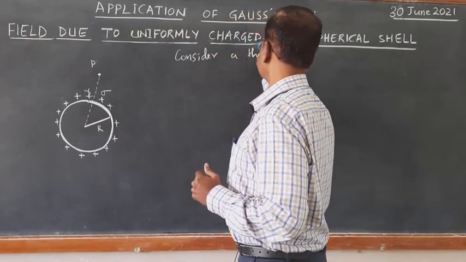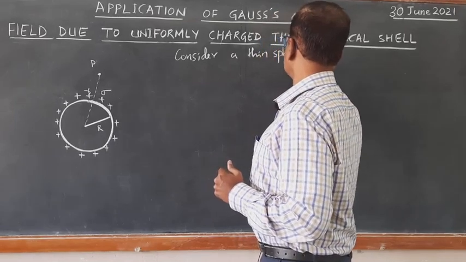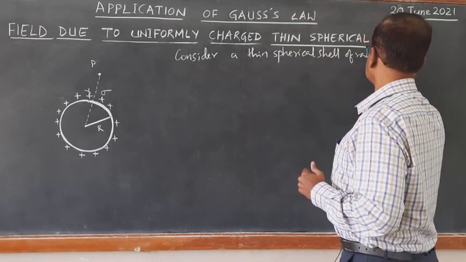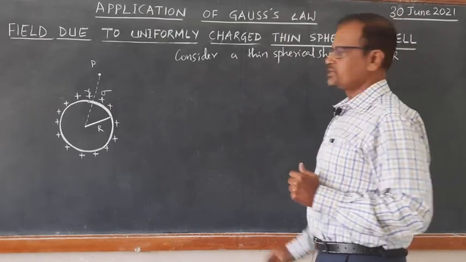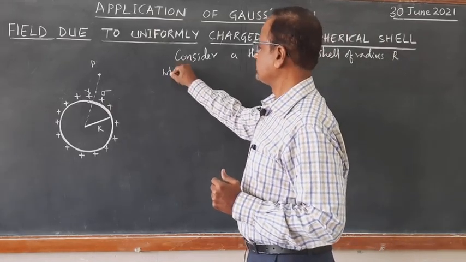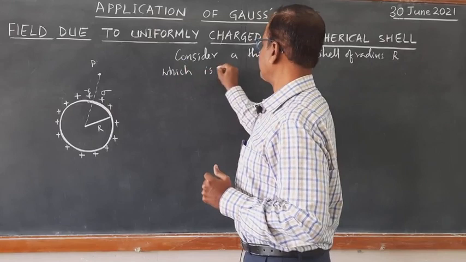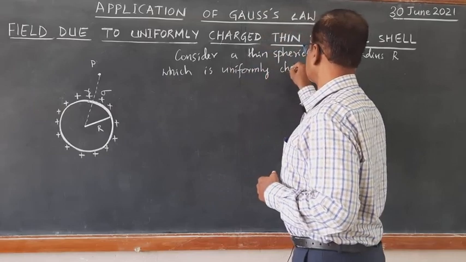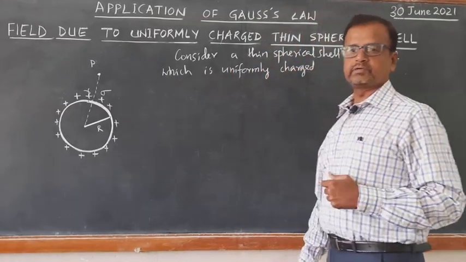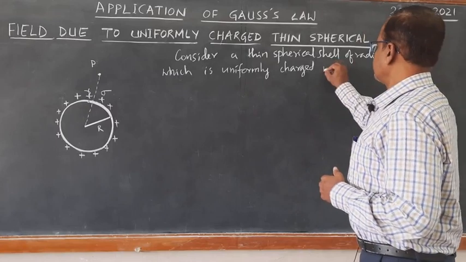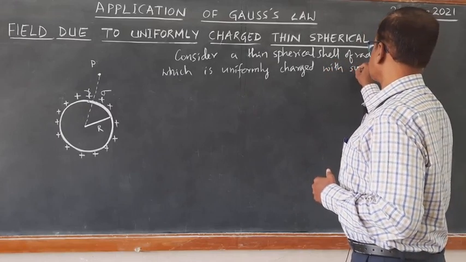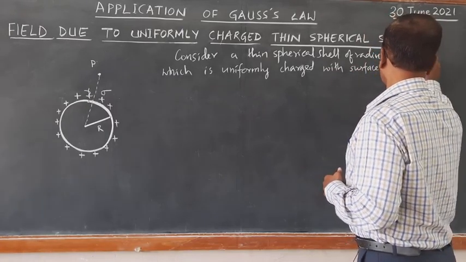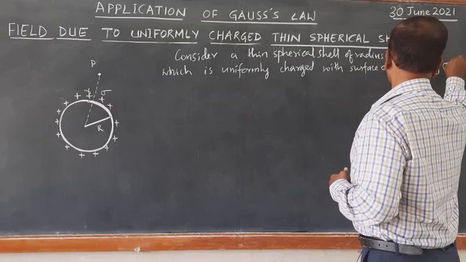a thin spherical shell of radius capital R, which is uniformly charged on its outer surface with surface charge density sigma.